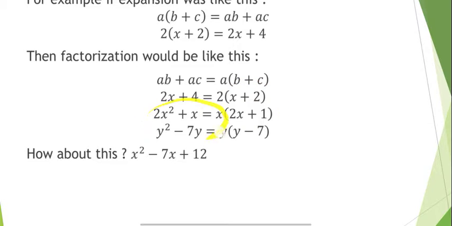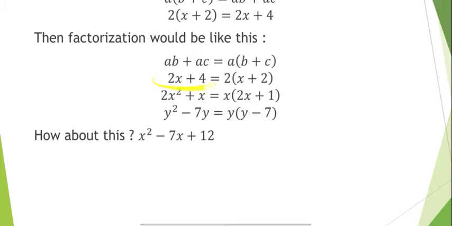For 2x squared plus x, we cannot pull out numbers like 2, because there's no 2 here. What we can pull out is the one thing that they both have the same. For example, 2x plus 4, they both have the same factor, which is 2. For this one, what do they have the same? The letter x, right?